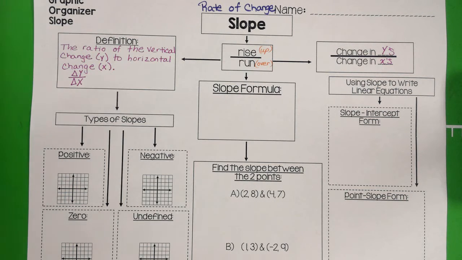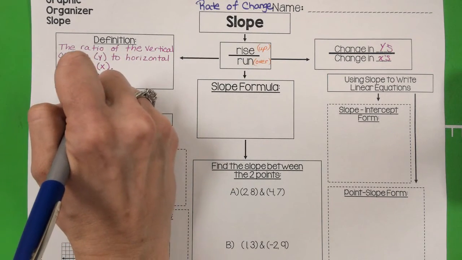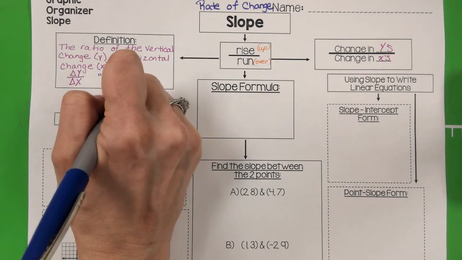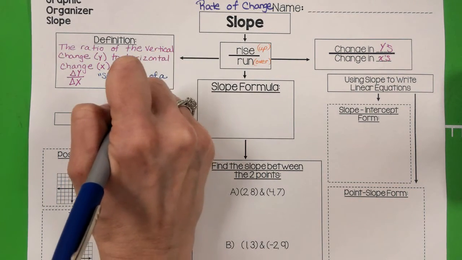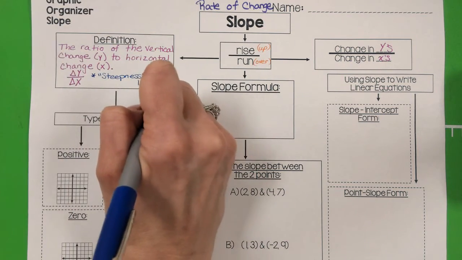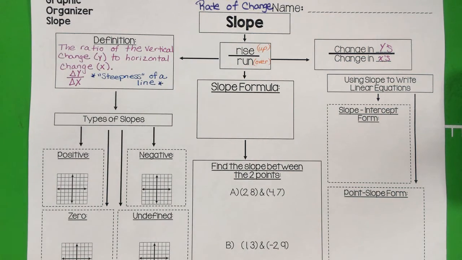Well, by the way, another definition that's less mathematical, but it makes more sense. When we talk about slope, we're just talking about the steepness of a line. That might be a definition that's easier to understand.